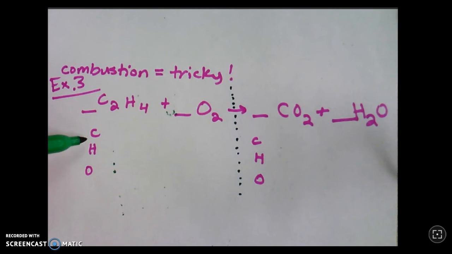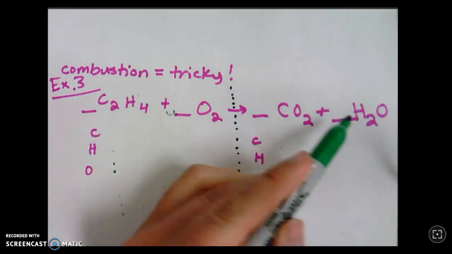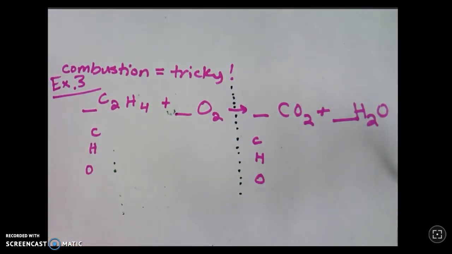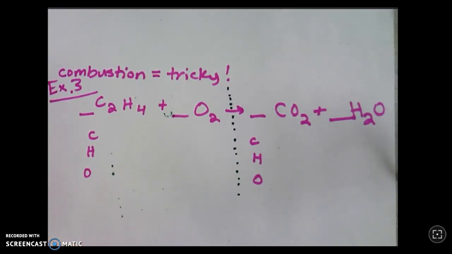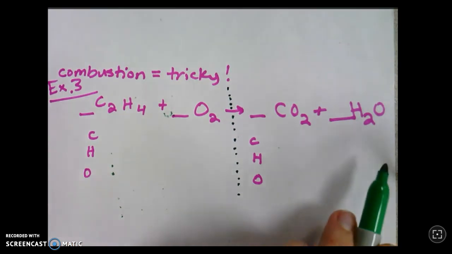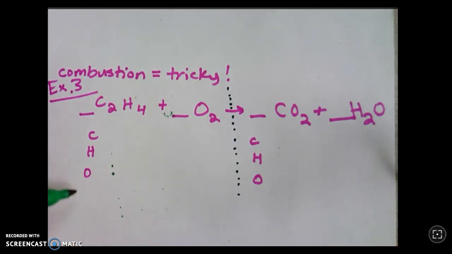Carbon is the first thing you should balance, then hydrogen. And if you end up with an odd number of waters, then you would need to multiply everything by 2 and then continue balancing, okay? And then oxygen is going to be your last thing because oxygen is the hardest part since it's broken up into 2 different molecules. So that's kind of the order that you can do a combustion in, so it's good to always write it out this way so you remember.